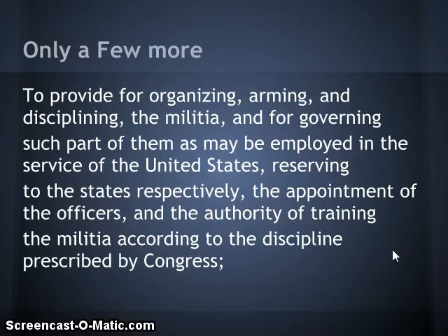To provide for organizing, arming, and disciplining the militia, and for governing such part of them as may be employed in the service of the United States, reserving to the states respectively the appointment of the officers and the authority of training the militia according to the discipline prescribed by Congress. So when push comes to shove, the federal government takes control of state militias.